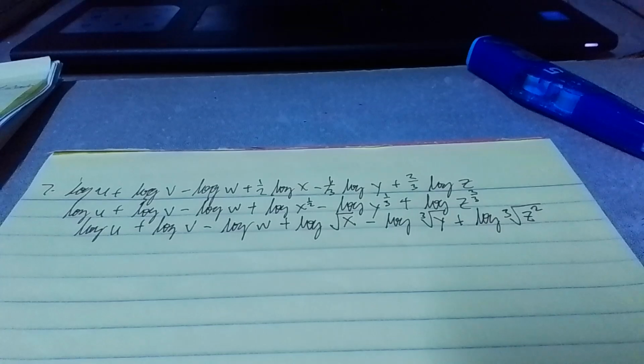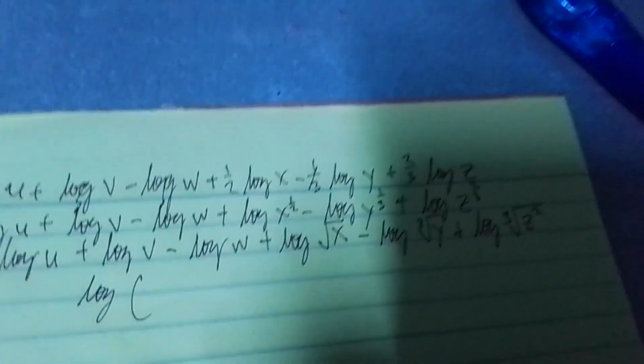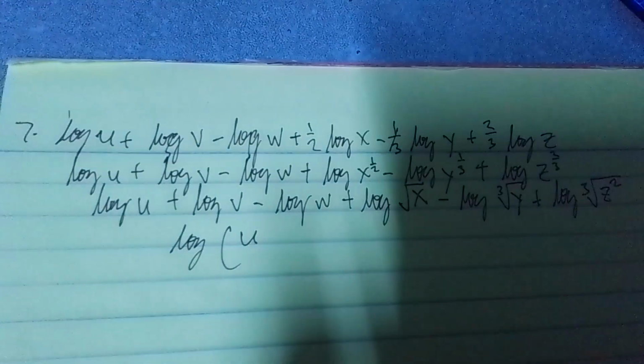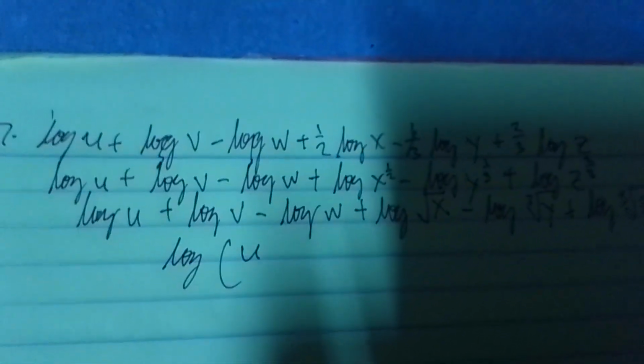Root, kasi nga fractional exponent. Pero may number 3 sa denominator, so therefore, it's the third root. Plus, root again. Ang nasa denominator ay nandito. Tapos, 2. Z, 2. Yan. That's how you write the logs in expanded form.